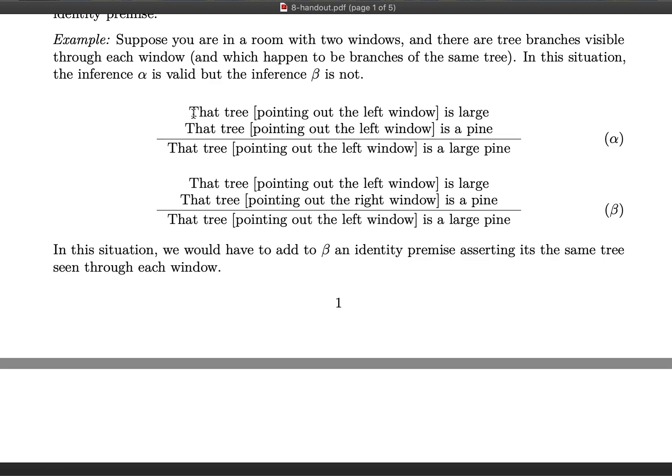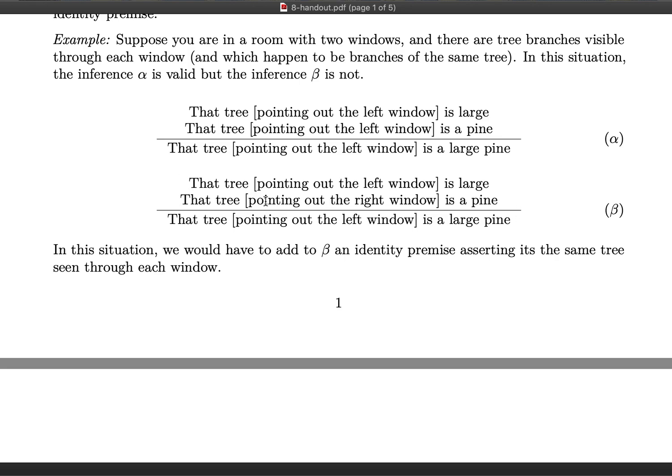The reason is that, according to Campbell's view, all of these three demonstratives will share a sense, because the demonstratives are used according to the same perceived location, because you're pointing at the same place. So according to Campbell's view, where the perceived location is what provides the sense, these three demonstratives will share a sense. And because these three demonstratives share a sense, you can infer, or you can trade on identity, and you don't need an additional identity premise.